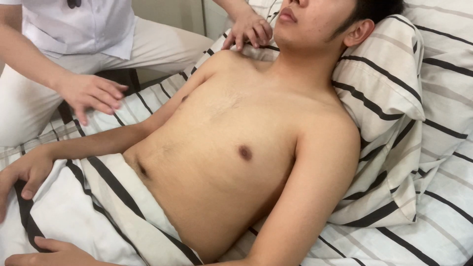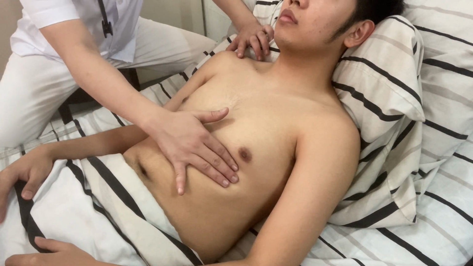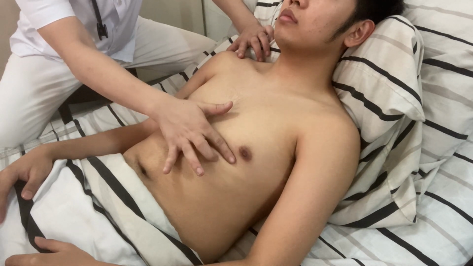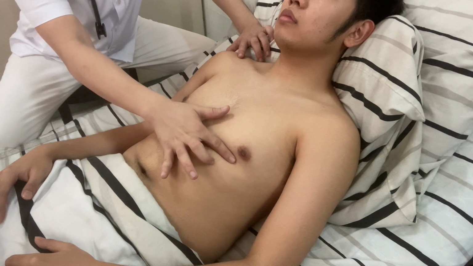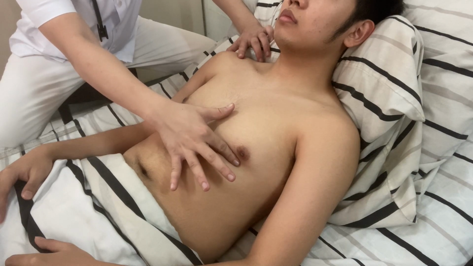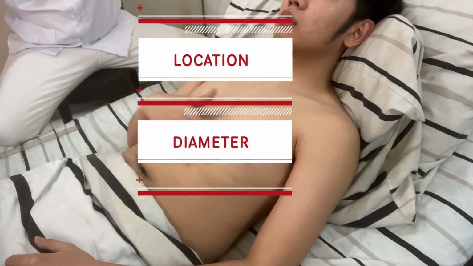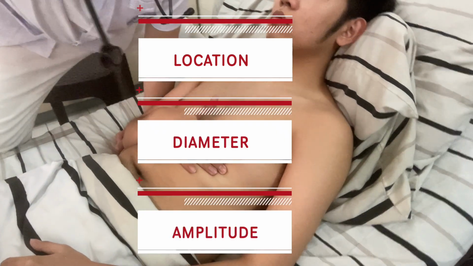Using the palmar surfaces of several fingers, then for finer assessments, your fingertips, followed by one finger, palpate to confirm the characteristics of the apical impulse. You will notice location, diameter, and amplitude.